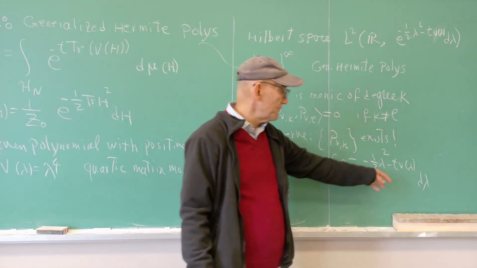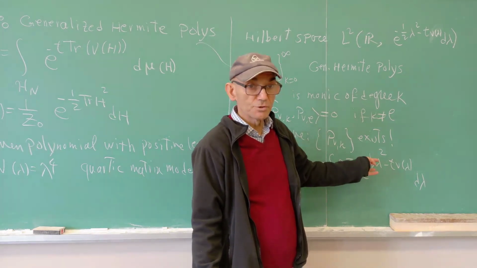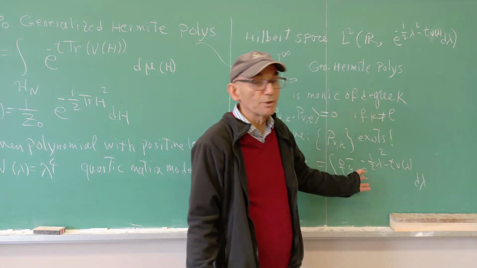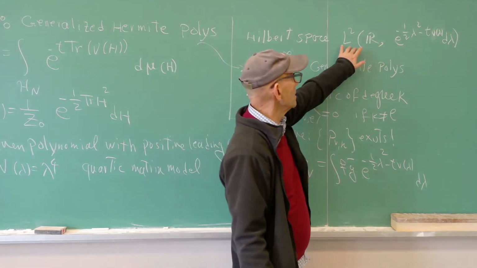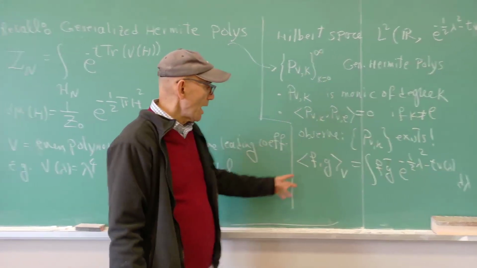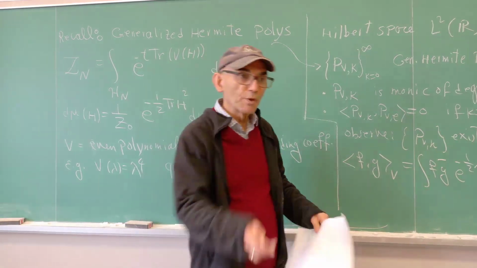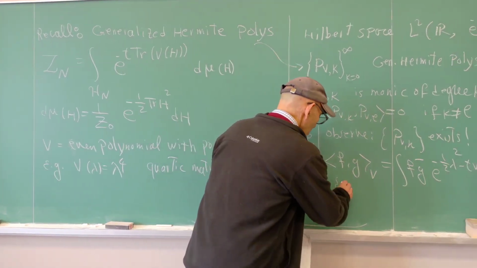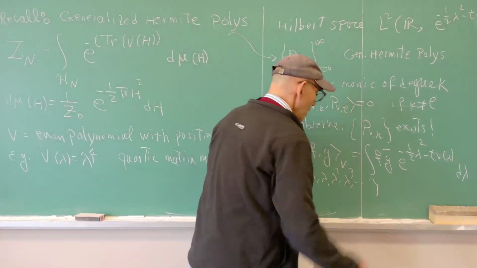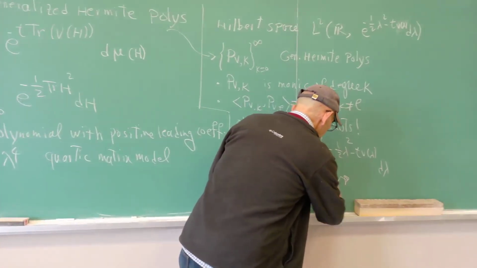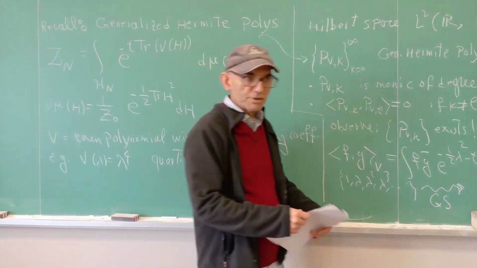If V is 0, we are back to the original Hermite case. But this is still a positive definite inner product. Then you can complete the space, you get a Hilbert space, and the argument is exactly as you said. We just use Gram-Schmidt. We start with the monomials 1, lambda, lambda squared, lambda cubed, and so on, and we apply Gram-Schmidt to get this sequence P_V.